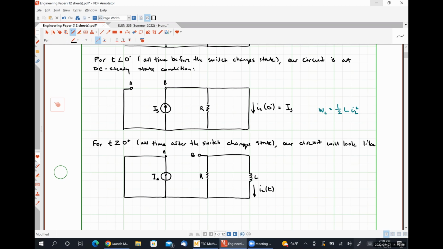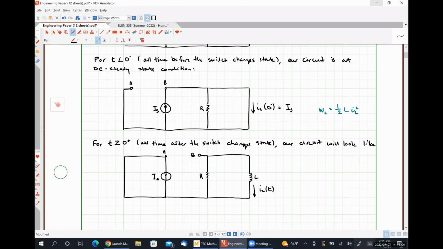So Sarah asked if I could explain again why the inductor can't be viewed as a short circuit after the switch is thrown. So immediately after the switch is thrown, the circuit is in a state of transition. Okay.